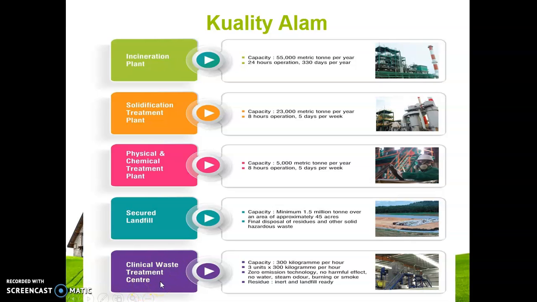So it is a huge plant because they have several processing plants, right? But sending your hazardous waste to Kualiti Alam is not cheap. They charge you, I'm not sure, a few hundred per kilo of your waste. So if possible, that's why we want to reduce the usage of hazardous waste, right?